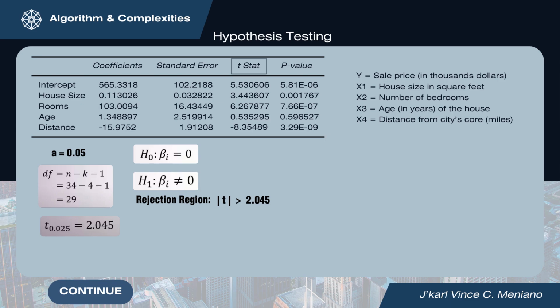Note that the t-stat here is calculated as coefficient divided by standard error. Also note that since our output here contains p-values, we really do not need to use the critical region approach. We could simply use the p-value rule. That is, we reject the null hypothesis, or the result is significant, if the p-value is less than our alpha of 0.05.